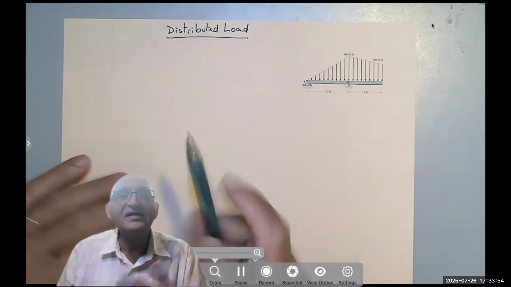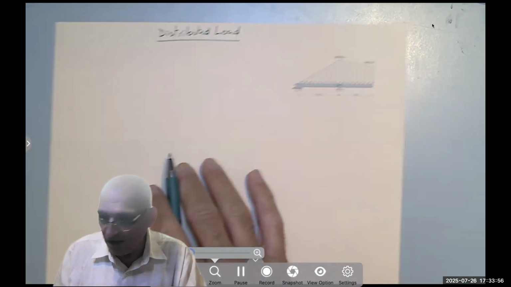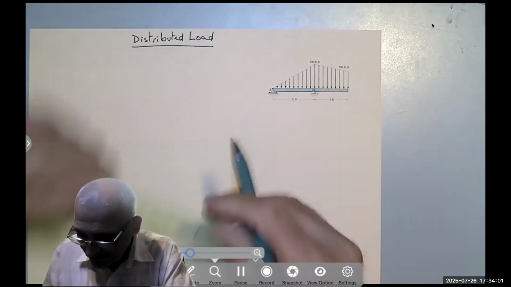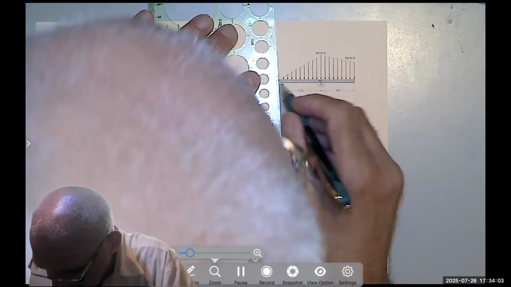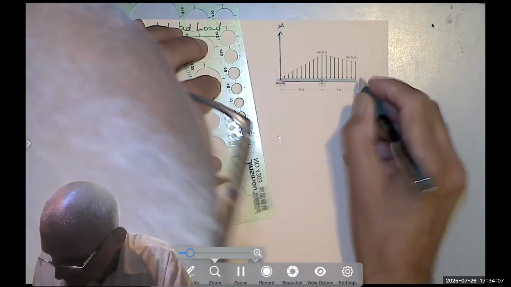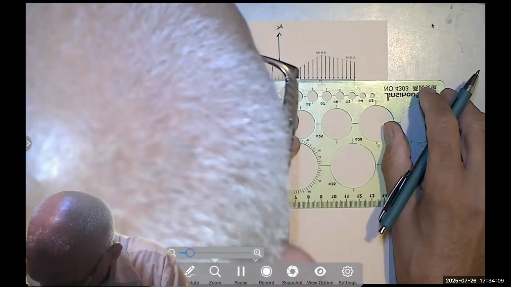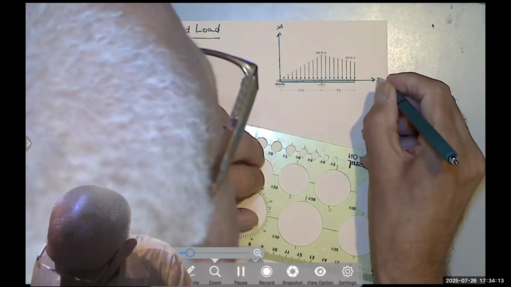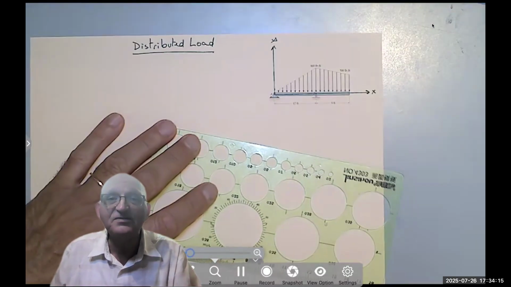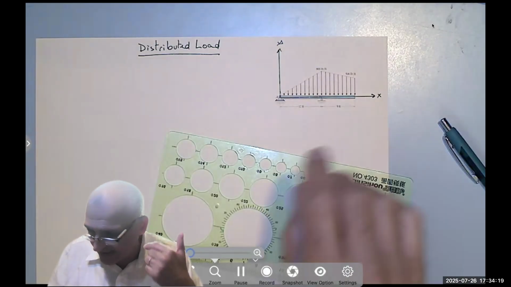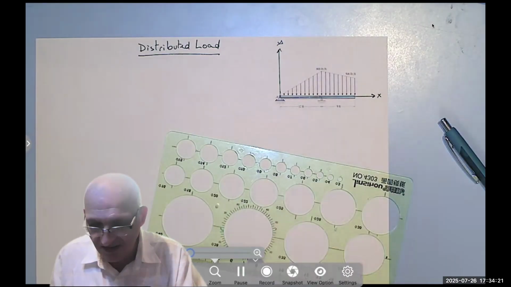So I need to find the x coordinate of that centroid. I'm going to assume this is my x-axis, this is my y-axis, but I don't care about the y, okay? I only need the x. So I need to find x bar of that shape. Notice this shape is a load, not an area like what we discussed there.